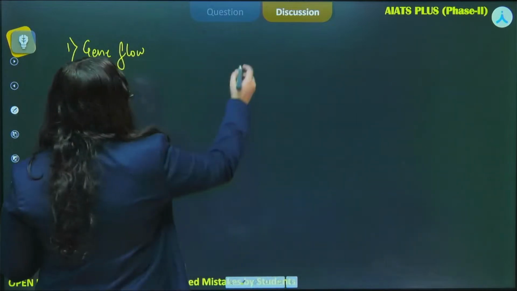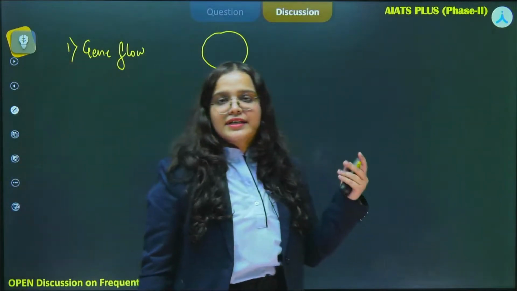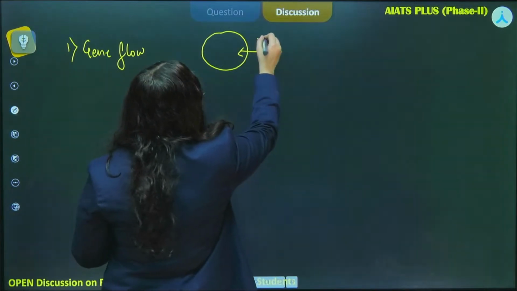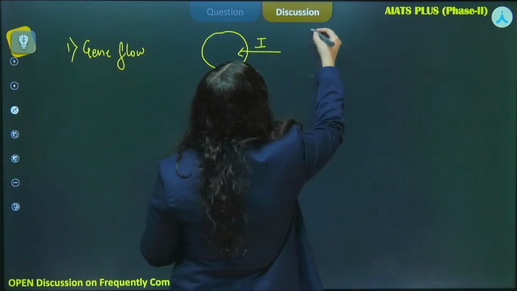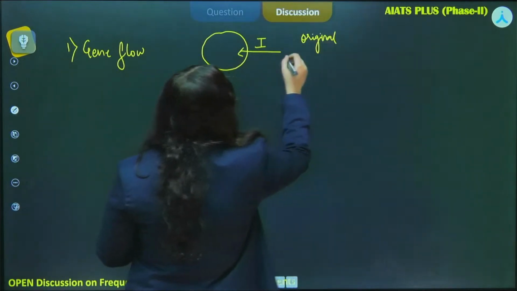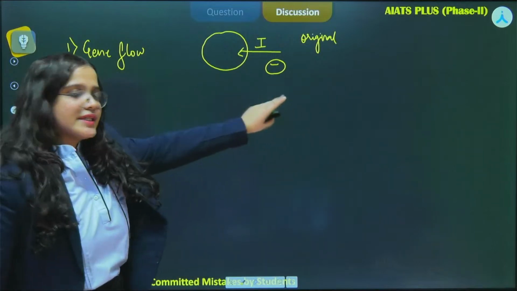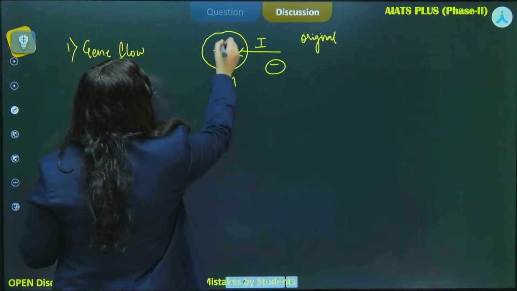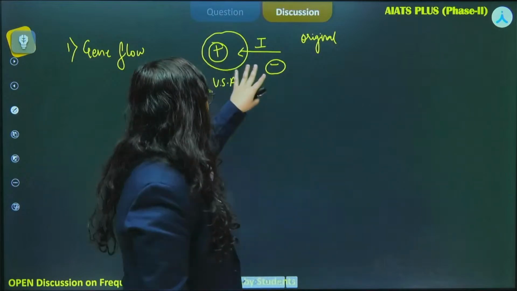For instance, let us take that we have USA, and if some individuals are entering the country, it means that from the original area there will be some loss of the gene frequency, and here in USA there will be some gain in terms of gene frequency.